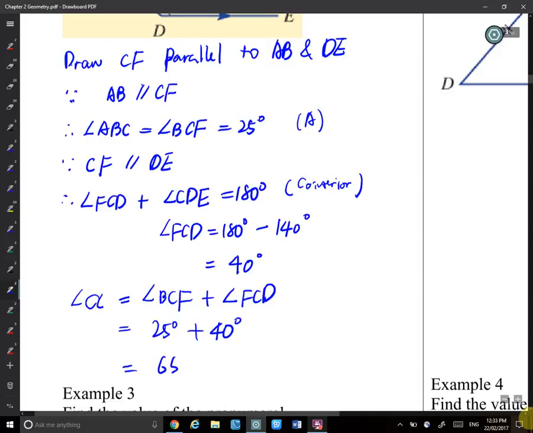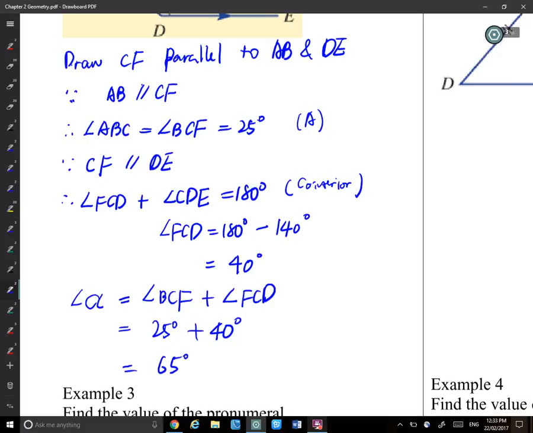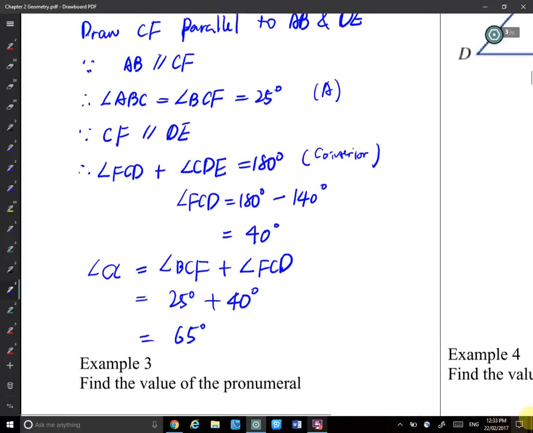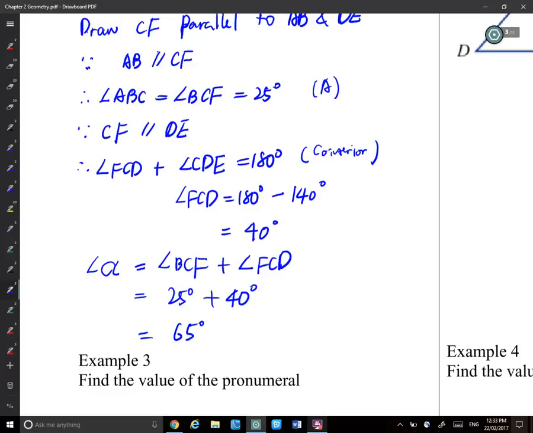That gives you 65 degrees. You need all this reasoning. Because of the other pair of parallel lines, your cointerior angles sum up to 180 degrees. So what should that angle be, and then you add up those two.